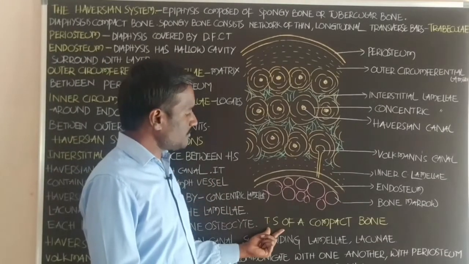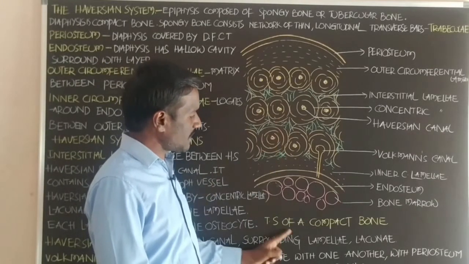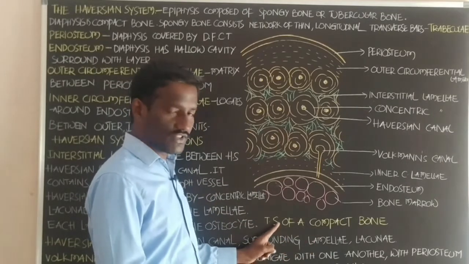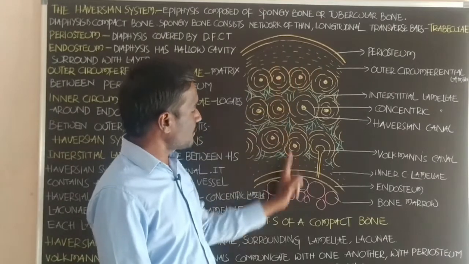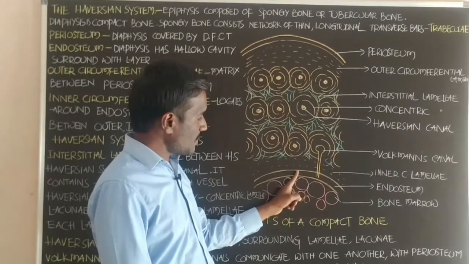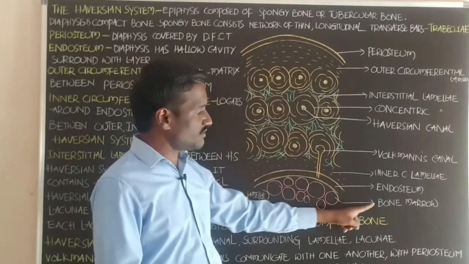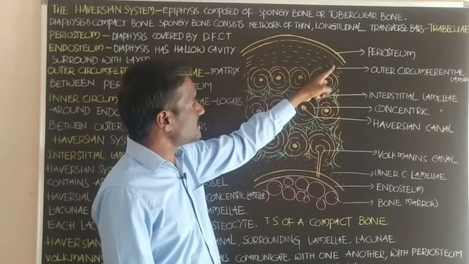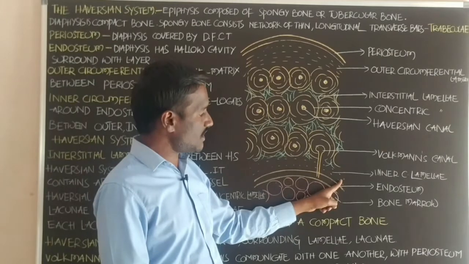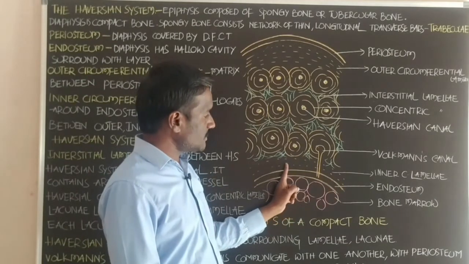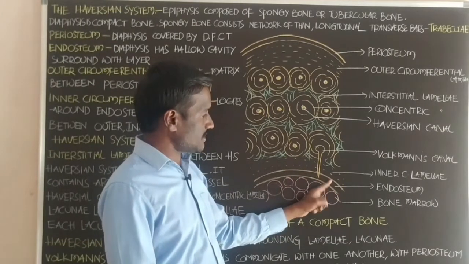If you observe the Haversian system in the transverse section of the compact bone, this is the periosteum and this is the endosteum, with the bone marrow below it. Next are the outer and inner circumferential lamellae surrounding the endosteum.